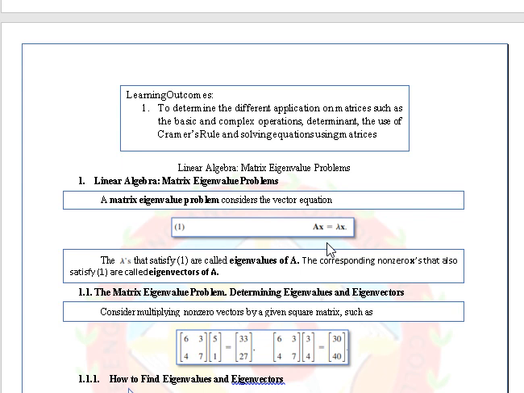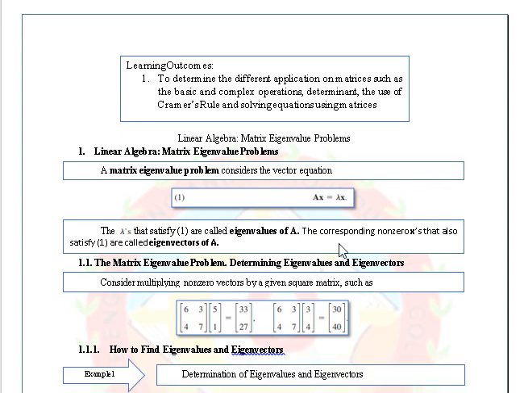As you can see here, throughout this discussion, we will notice how to perform a matrix multiplication of two matrices. The lambdas that satisfy this equation are called the eigenvalues of A. Take note of that. We have different values of lambda which can be used to satisfy this equation.